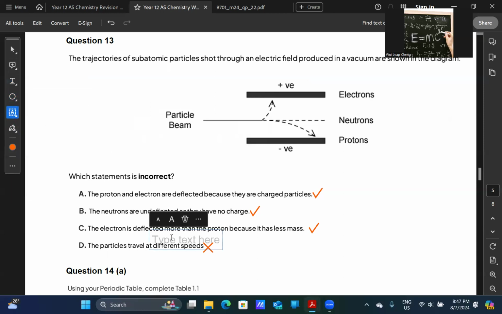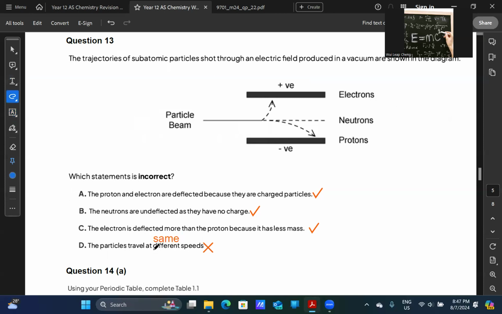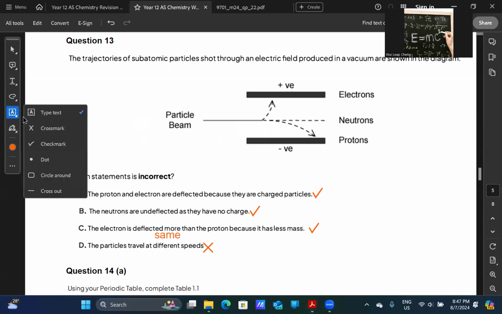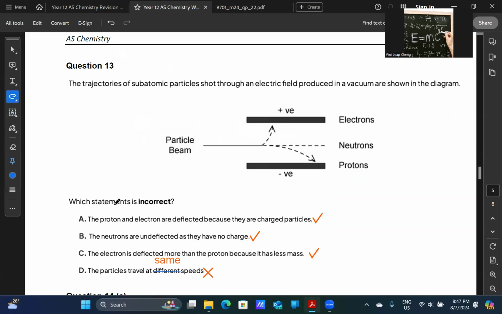Okay, instead of different, the answer is same speed. Remove the word different.